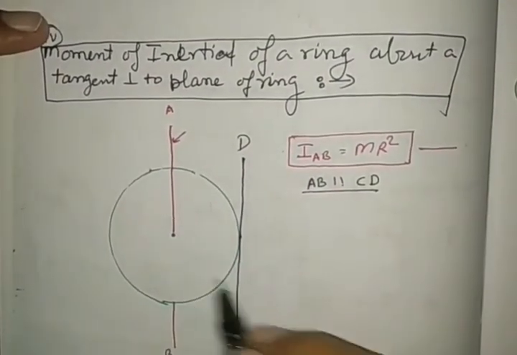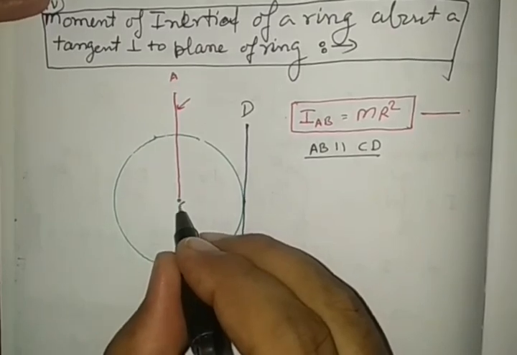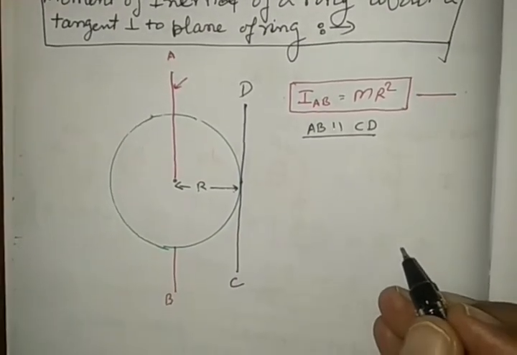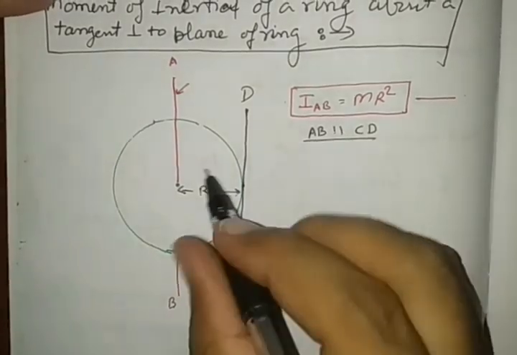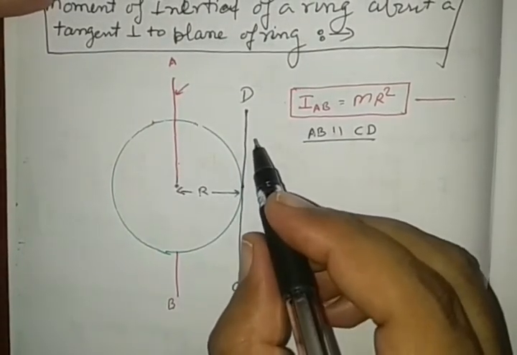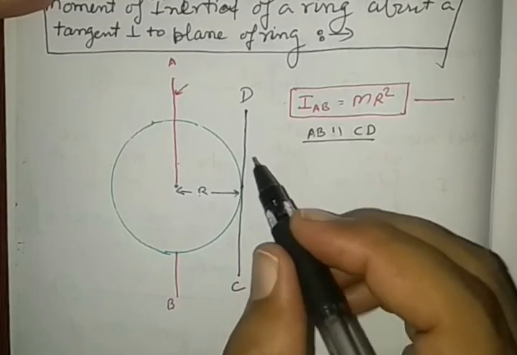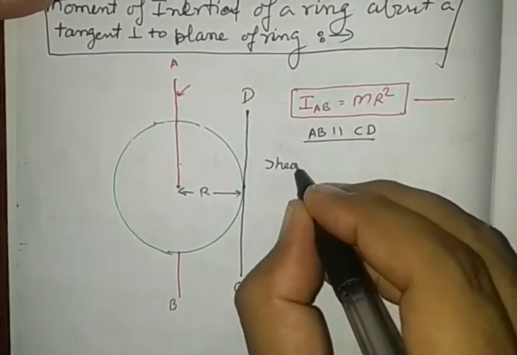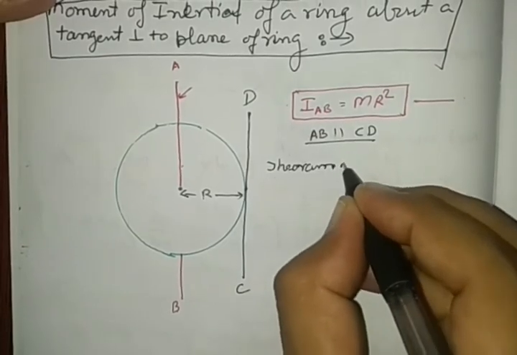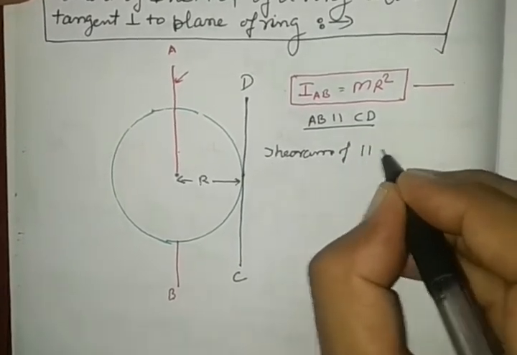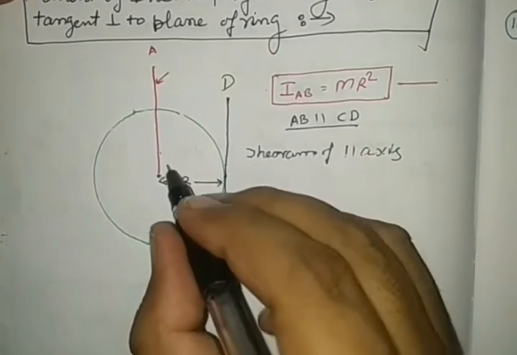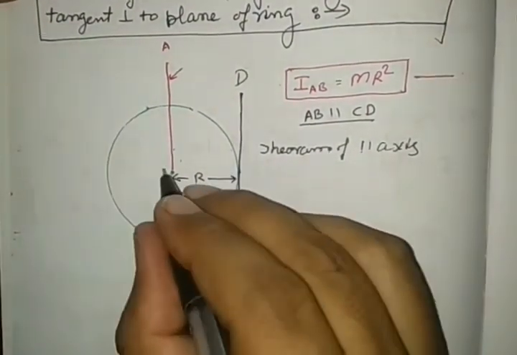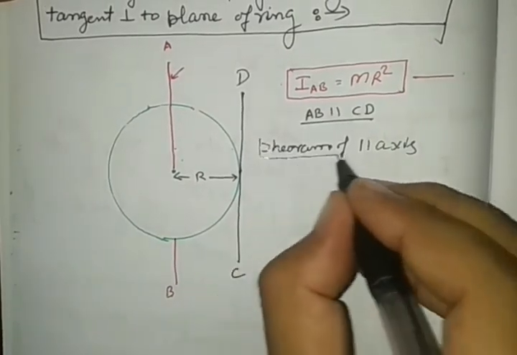These distances are clear. Now if these two axes of rotation are parallel, then we will use the theorem of parallel axis. If they were perpendicular, we would apply the theorem of perpendicular axis, but both are parallel, so the theorem of parallel axis.